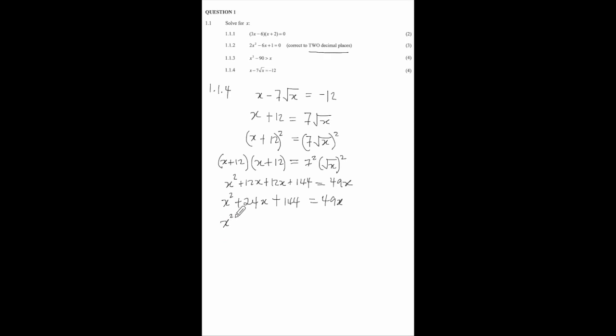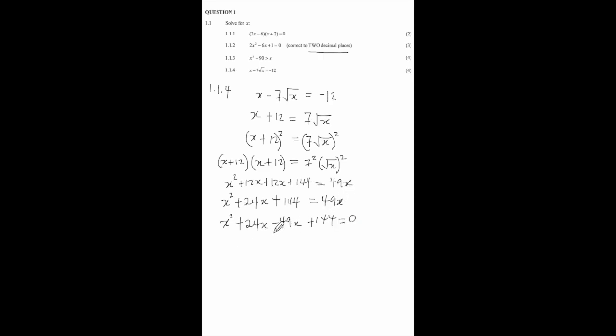So that's x squared plus 24x minus 49x, because it becomes negative when I bring it to the left, plus 144 is equal to 0.